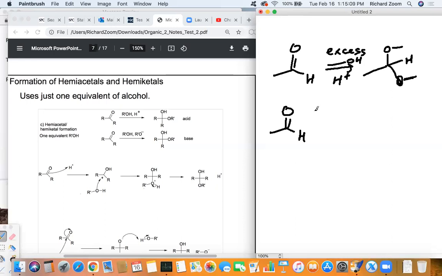This one's sort of getting more into a realm of what we're looking at on the test as well. So C double bond O adds to the H plus. And then we have the alcohol group joining on to the C plus, just like we did previously.